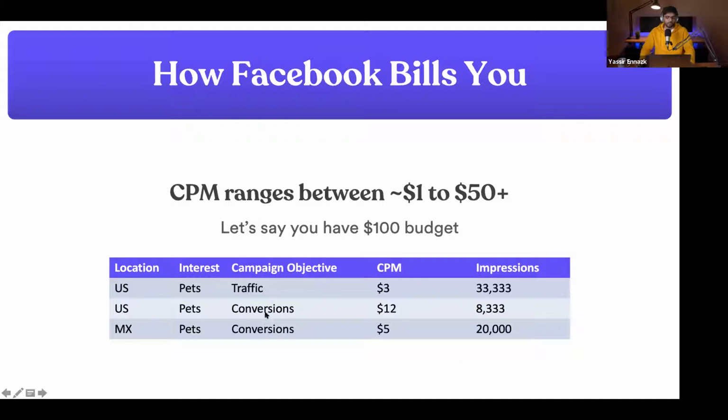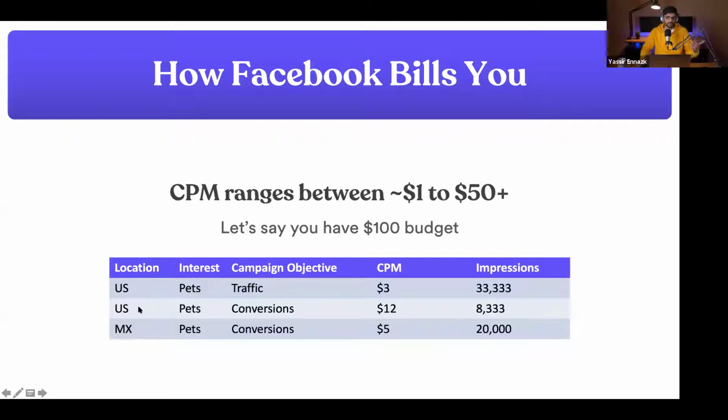Now, even say we keep the conversions objective here and we go to Mexico, for example, and target Mexico with the same interest, the same conversion objective. The CPM here might be low, and that's because we're targeting Mexico, and this market may have a very different behavior where maybe they prefer cash on delivery instead of cash upfront, like the US.